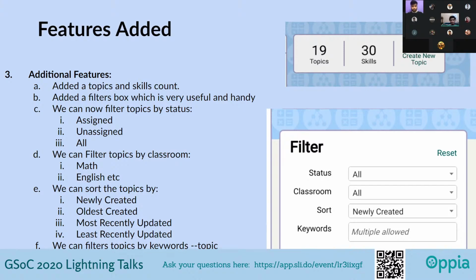We can filter the topics using classroom, which classroom they are assigned to, maths, English, algebra, etc. We can sort the topics based on their creation and updation time, like the newly created first or the oldest created first, etc. And we can search through the topics using keywords. The keywords are basically topic name and topic description. Next slide.